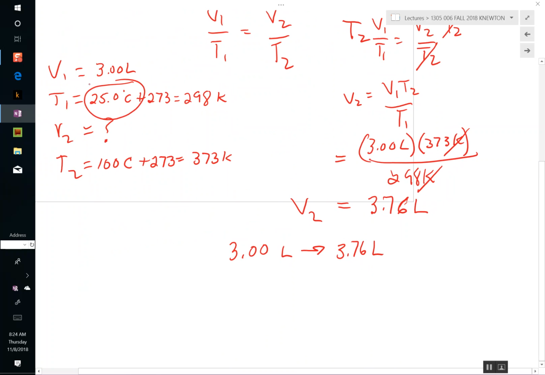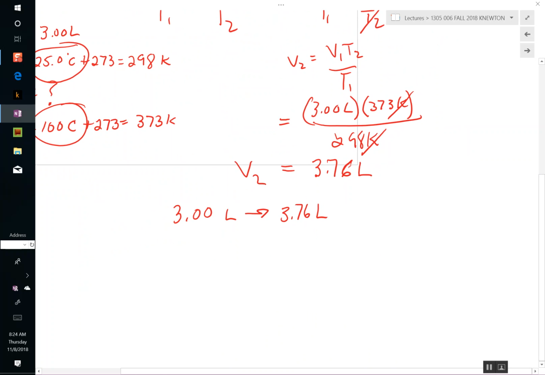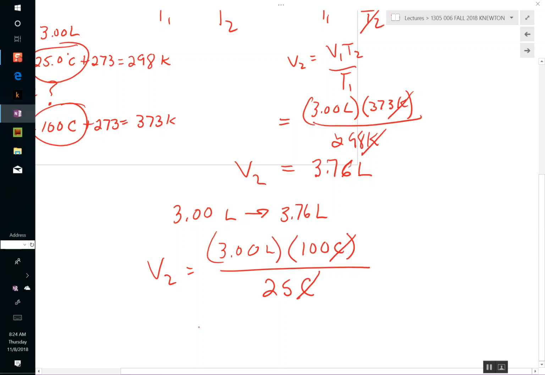We had 25 C over 100 C. So let's just say V2 equals V1, 3 liters, times 100 degrees centigrade, divided by T1, 25 degrees centigrade. Centigrade still crosses out. Here's one time where dimensional analysis isn't going to save your day. Because this crosses out, you go, oh, everything looks fine. What's the answer to this equation? 12 liters.